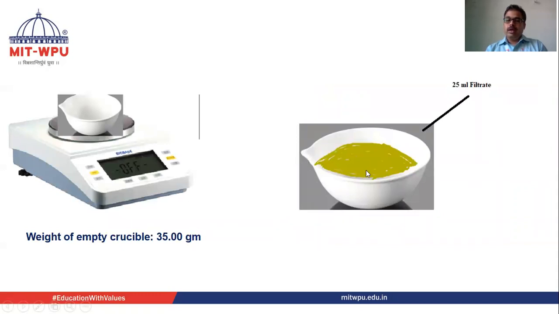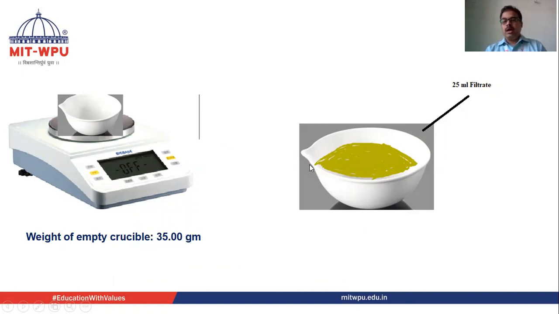So take 25 ml of the filtrate into this porcelain dish, and before adding the 25 ml of filtrate into the porcelain dish, we have to weigh it. This is the empty porcelain dish, and suppose its weight is 35 grams.